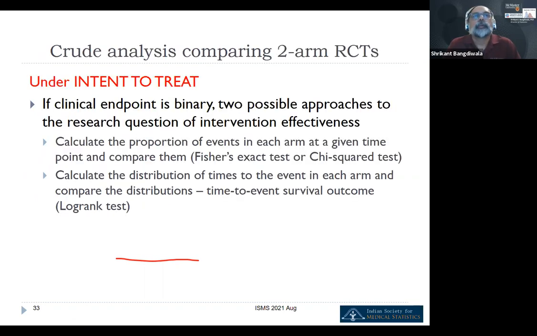So the crude analysis, as I said, is already mentioned here under intention to treat. It's very basic. I've already mentioned before that for binary, it's a Fisher's exact or chi-squared, or if it's a time to event, it's the log rank.